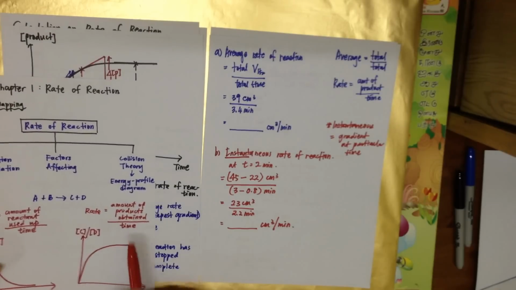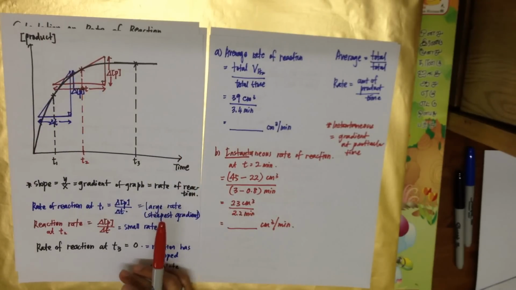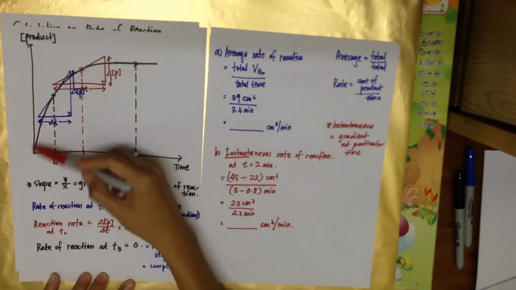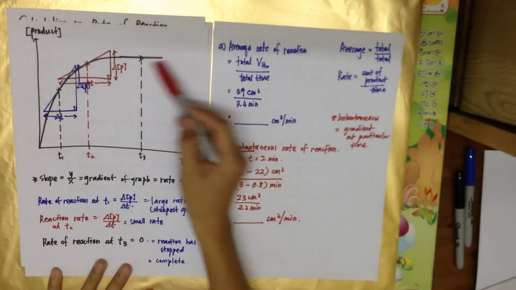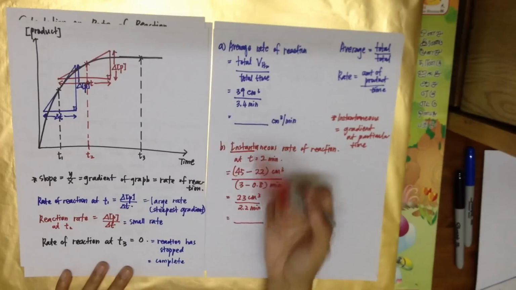Following up from here, students need to understand well how to interpret a graph to calculate the rate of reaction.